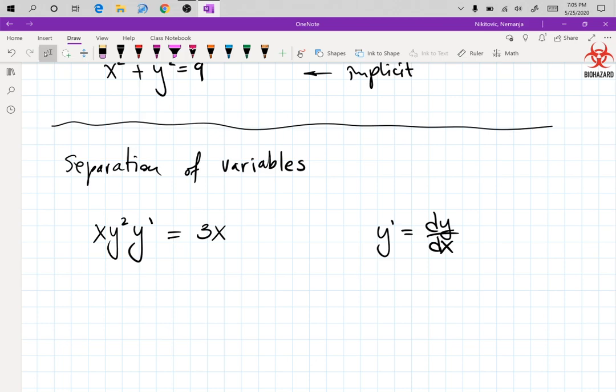Anyway, so now when you solve this, you write it properly first, which is dy dx equals to, I shouldn't have done this. How about 3x plus 2? Whatever.